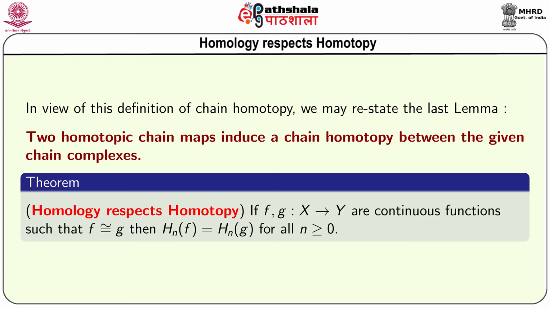So, we have the very important result that homology respects homotopy. That means, if f and g are two continuous functions such that f is homotopic to g, then the corresponding homomorphisms H_n f and H_n g are equal for every n greater than or equal to 0.